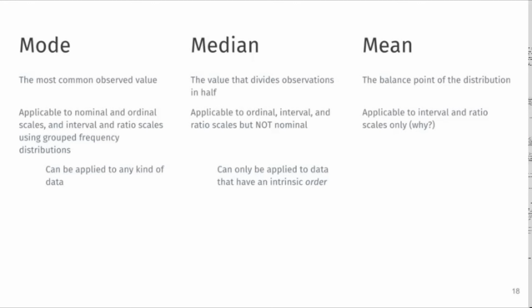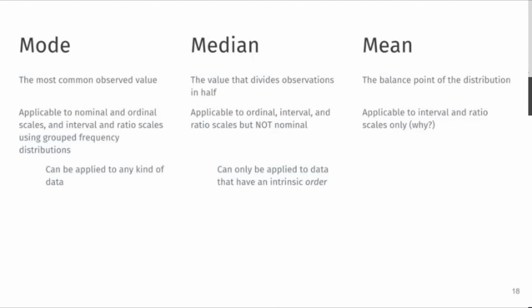So addition needs to be something that has meaning whenever we're trying to compute the mean of something. In other words, you need to have a situation where 3 plus 4 has some kind of meaning.